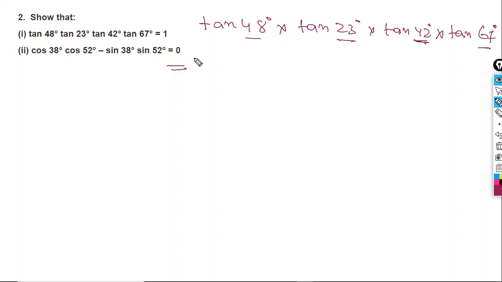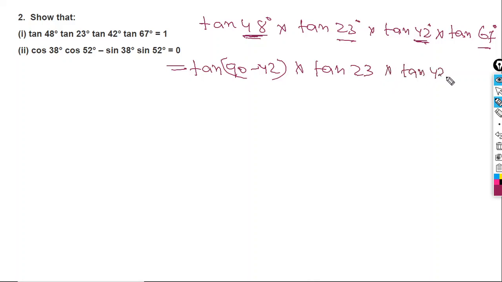Tan 48 can be written as tan (90 minus 42), and we will keep tan 23 as it is, into tan 42.